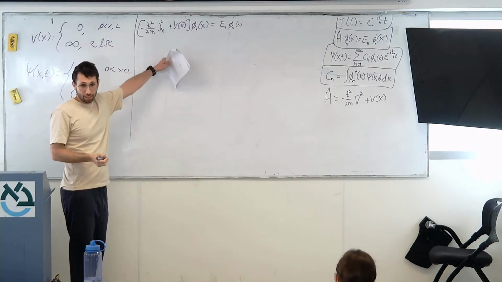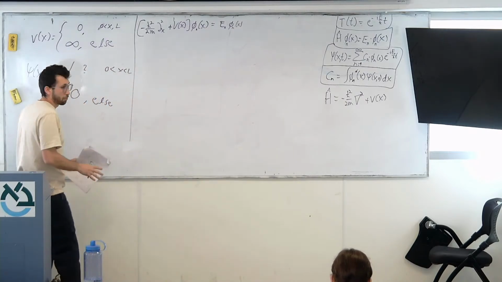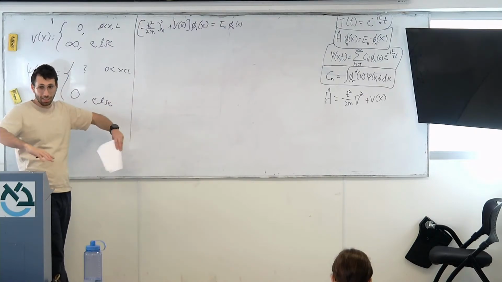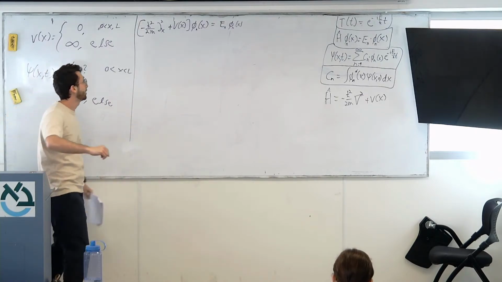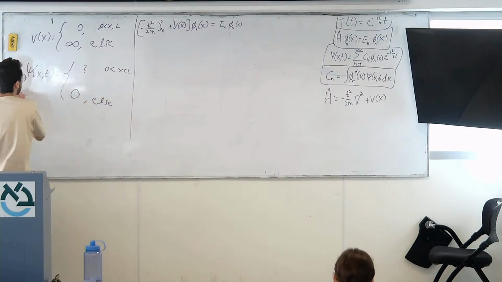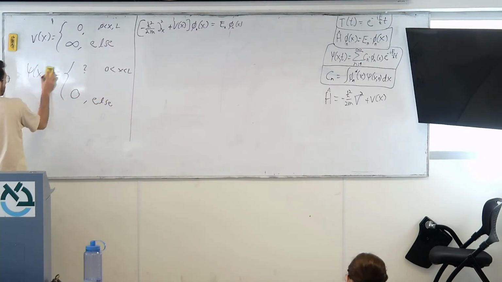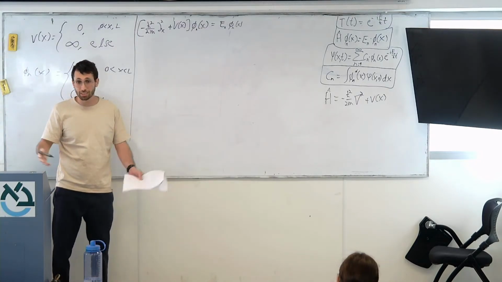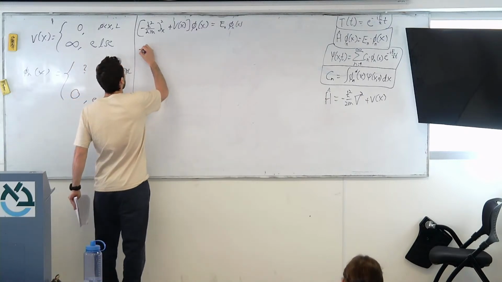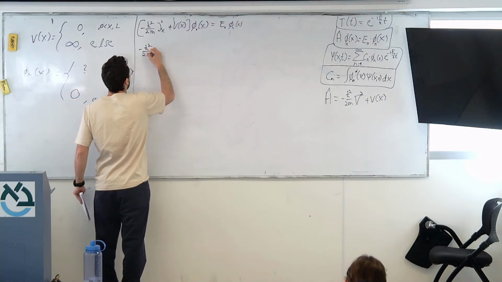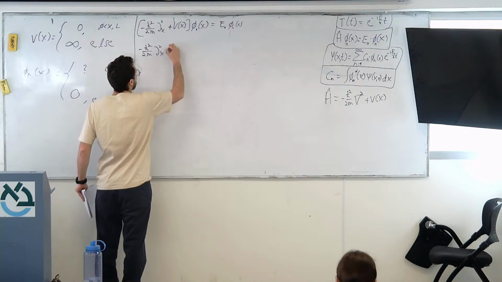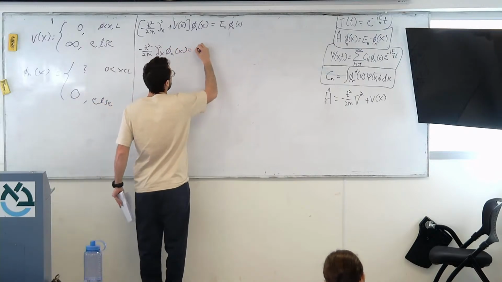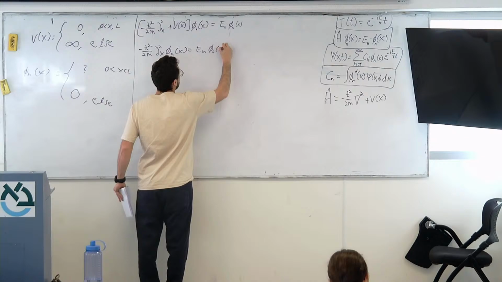So what is v of x? When we are in the walls, it's absolutely infinity. And we know the solution, phi n of x, is 0 there. So we care only when there is no wall at all. So minus h bar squared over 2m dou squared of x, phi n of x equals En phi n of x.